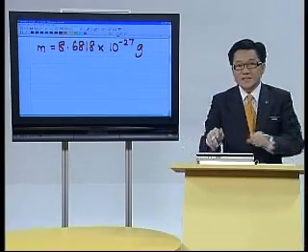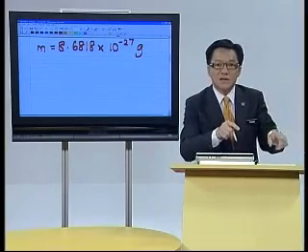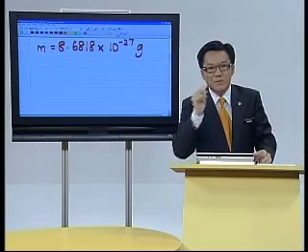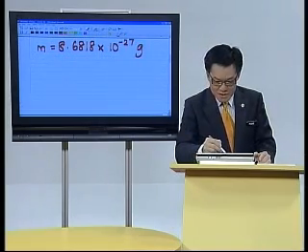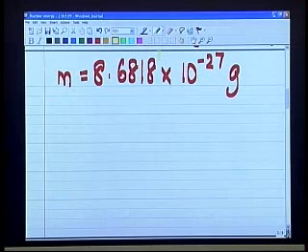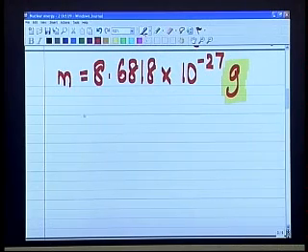You cannot use this value now and put it into the equation. It will be wrong. Why? Look at the units. It is in grams. We have to change it to kilograms.